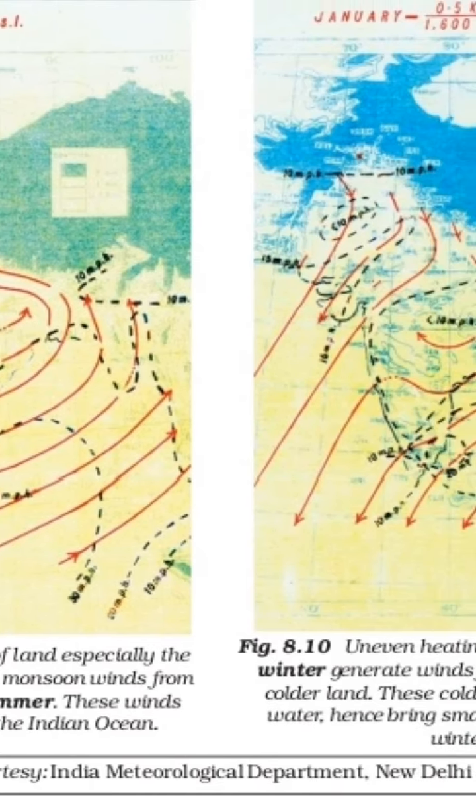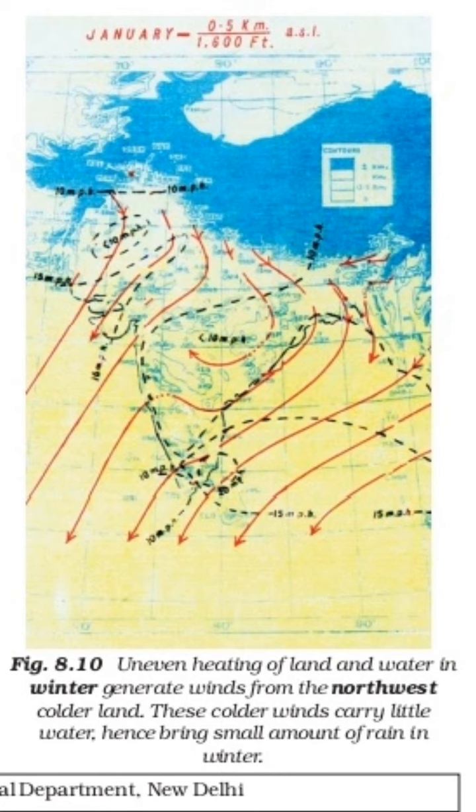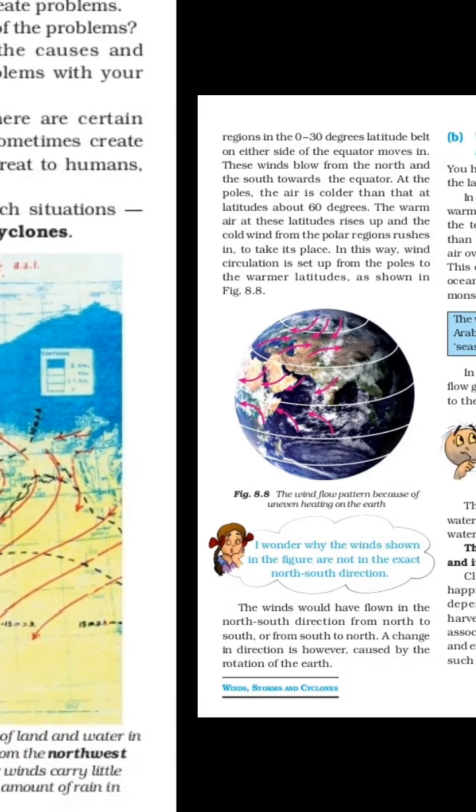Figure 8.10 shows uneven heating of land and water in the winter season, which generates winds from the northwest colder land, and these colder winds carry a little water, hence bring a small amount of rain in the winter season.